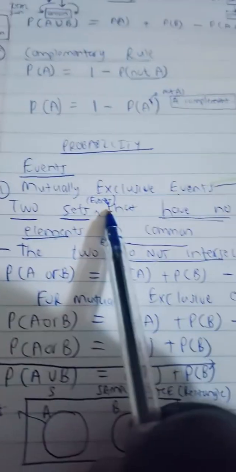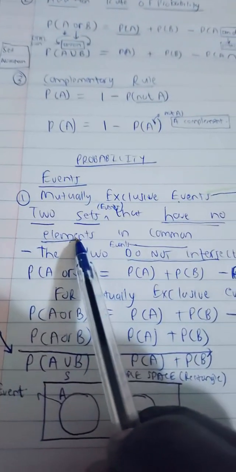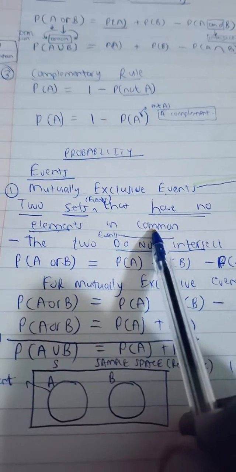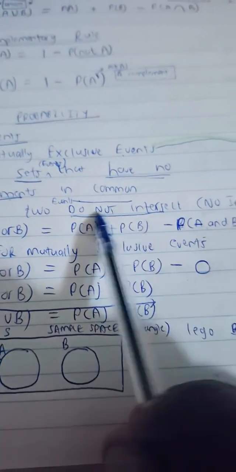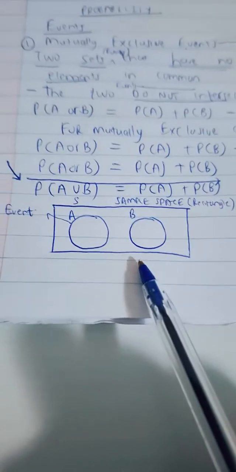A and B are separate events. The two events have no elements in common. In other words, the two events do not intersect. There is no intersection.